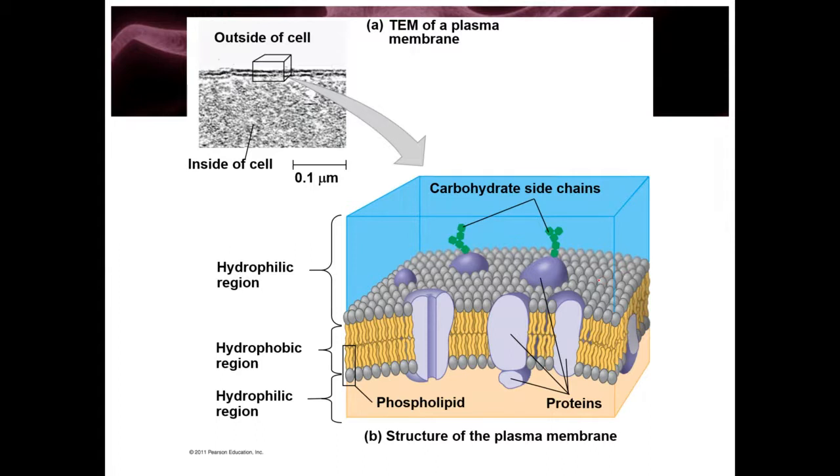Now, in addition to phospholipids, membranes also have other structures. So you'll find proteins embedded in the membrane that serve many different purposes. So you have proteins that maybe are channel proteins, other proteins that are enzymes, other proteins that are receptors or signaling proteins.